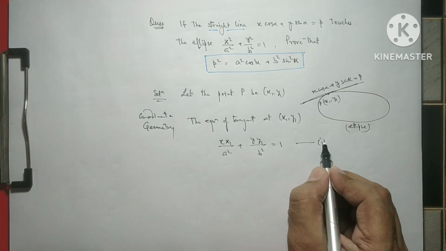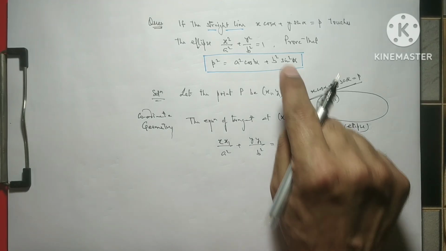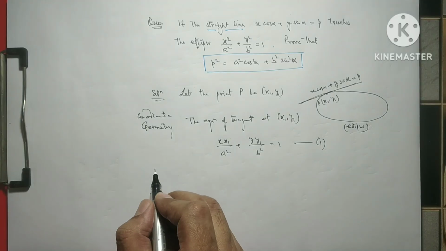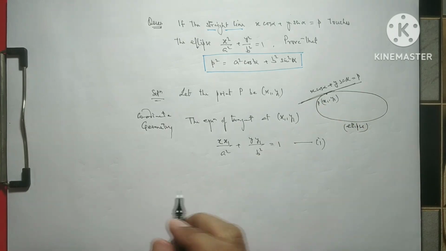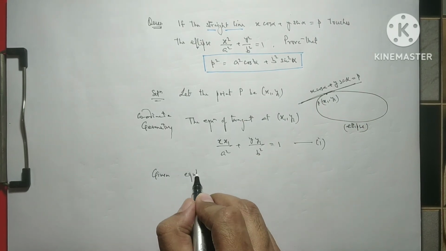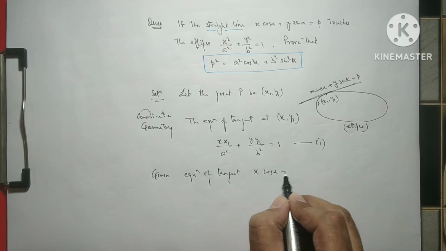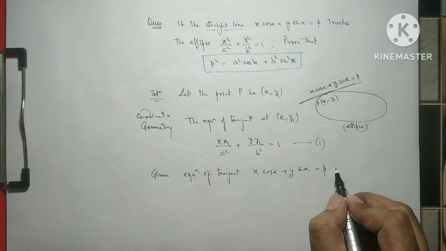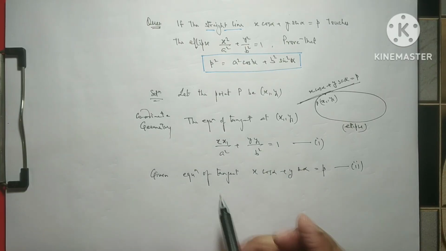So this is the equation of tangent, and according to the question we have this line as a tangent. So these should be identical. So the given tangent line is x cos alpha plus y sin alpha equals p. So both are identical. So both lines are the same.